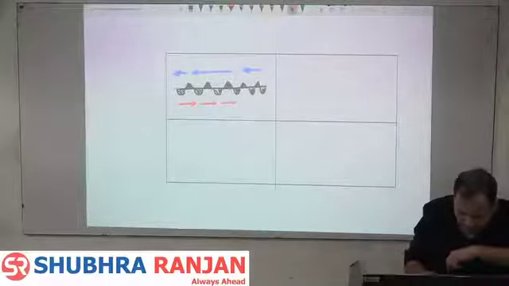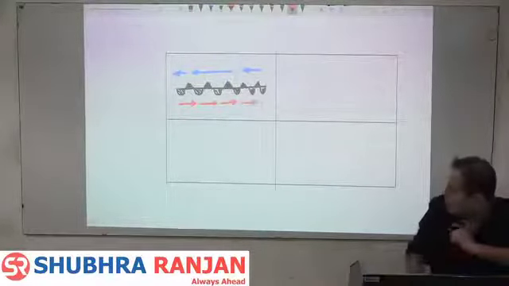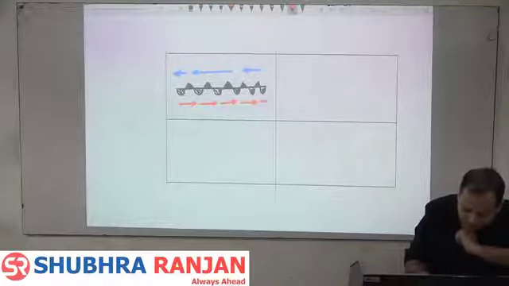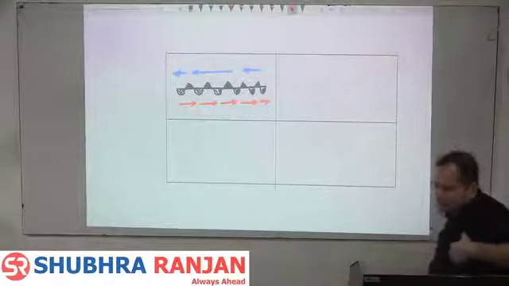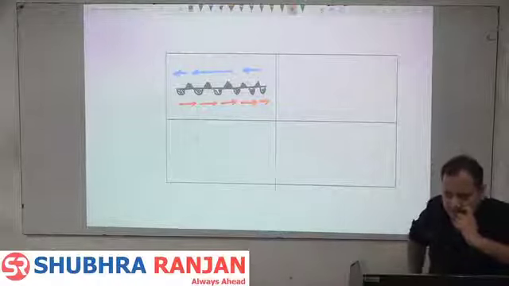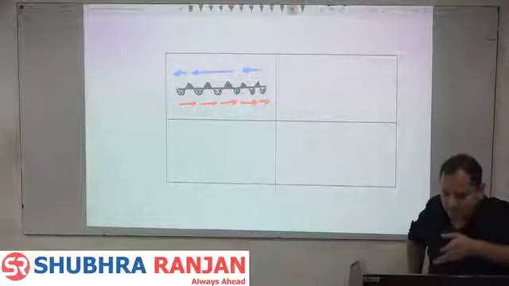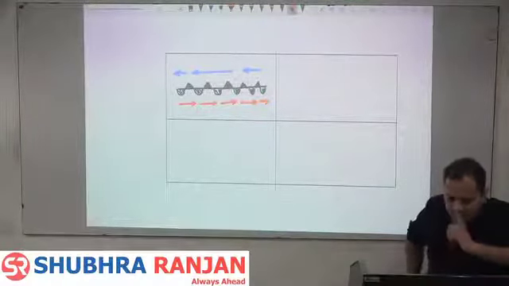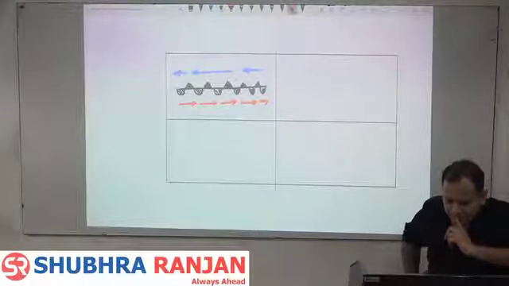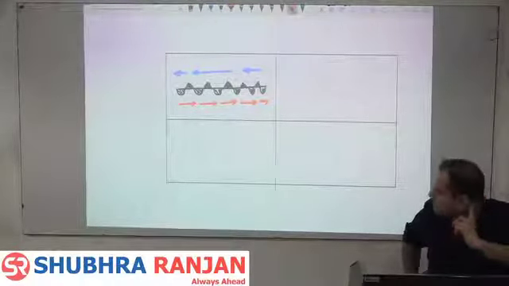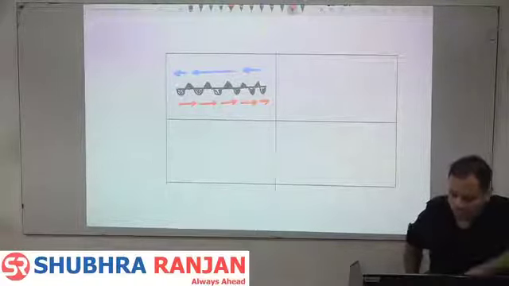Write in brackets, which front is this? Air masses flowing parallel to each other. Stationary front. Fine.